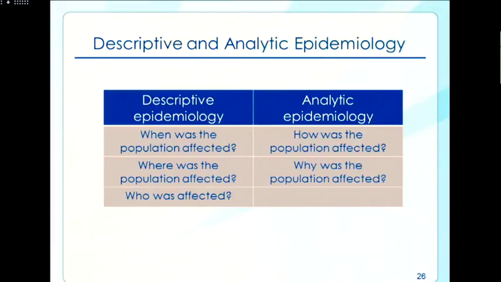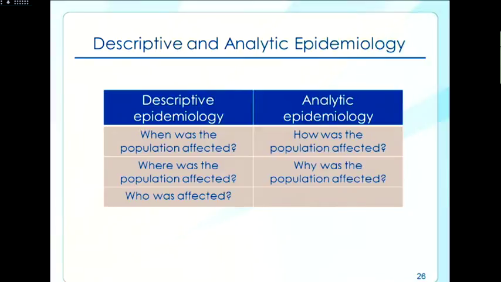So hopefully you're already learning that time, place, and person is the mantra of the epidemiologist. So another way of comparing descriptive and analytic epidemiology is to say that during the descriptive process, we're concerned with when the population was affected, where the population was affected, and who was actually affected.